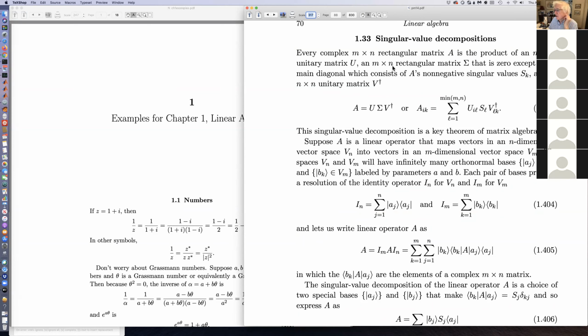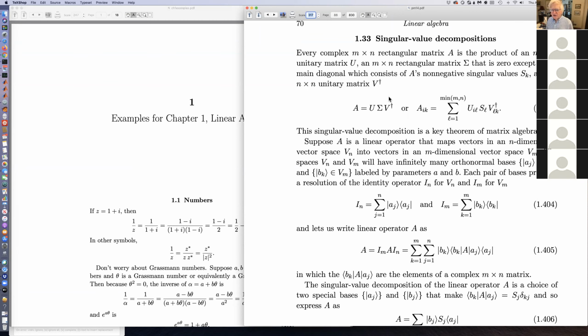And if m and n are not equal, then that main diagonal runs into either the right edge of the matrix or the bottom edge of the matrix. But that's okay. It's an m by n matrix and it's 0 except for the main diagonal, and that main diagonal consists of non-negative numbers. And then the final thing is an n by n unitary matrix V dagger.